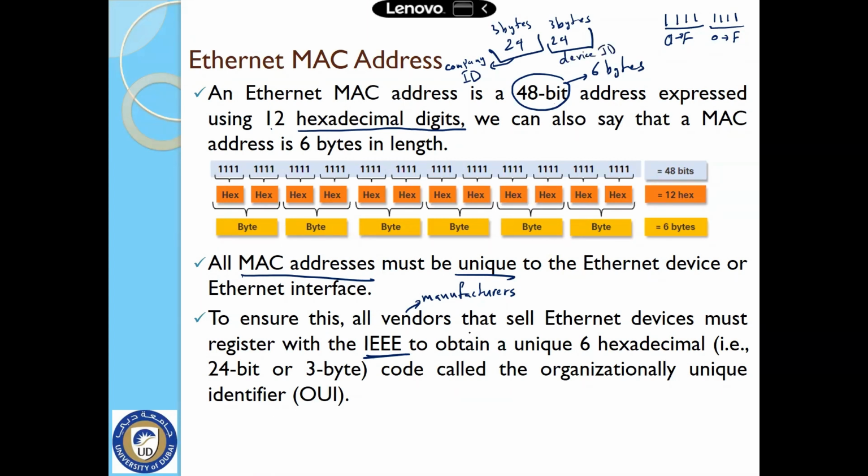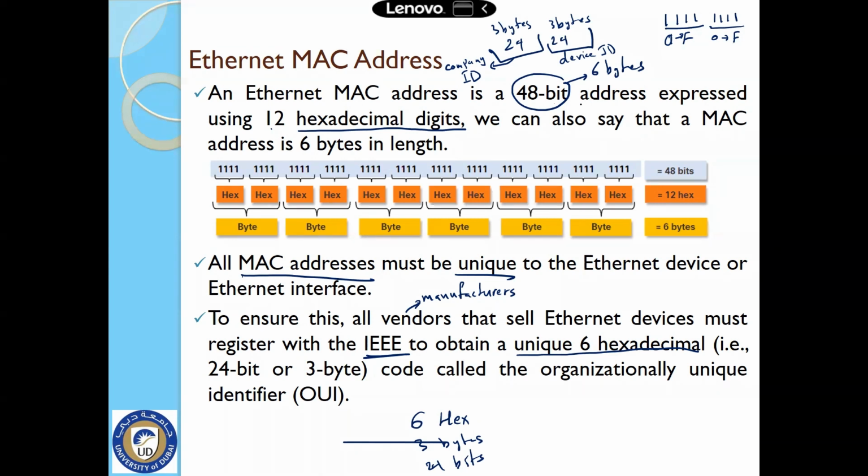So to ensure this, all vendors that sell Ethernet devices must register with IEEE to obtain their unique 6 hexadecimal digits. Unique 6 hexadecimal digits mean a unique 3 bytes, so 6 hex digits means 3 bytes or 24 bits. This is called the organizationally unique identifier.